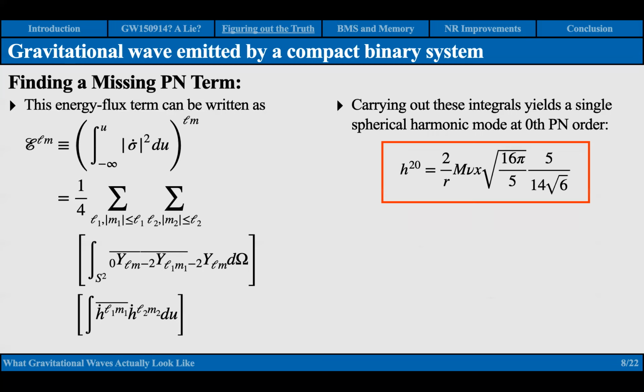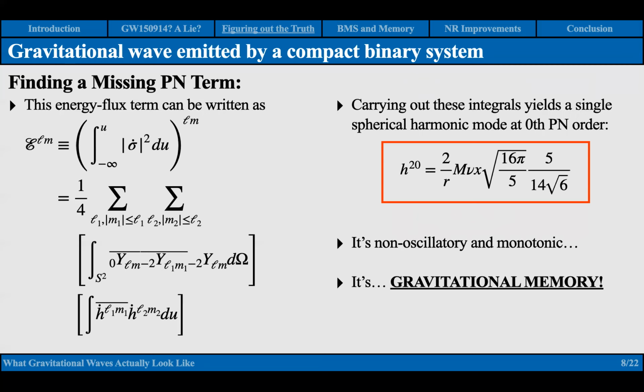It has the same prefactor as the 2-2 mode, still linear in x, and there's just this extra 5/14 square root of 6. And so if you look at it, it's non-oscillatory, it's monotonic, it's gravitational memory. Yay! All right.